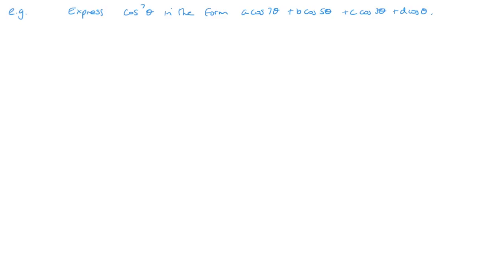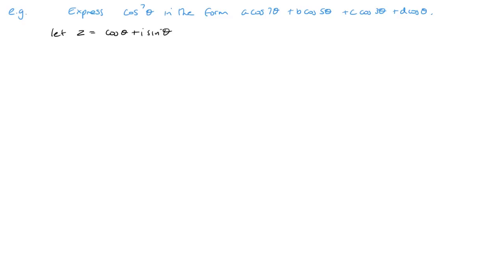So here I've got cos theta to the power 7, and I'm going to express that in the form of a cos 7 theta plus b cos 5 theta plus c cos 3 theta plus d cos theta. So first of all, let z equal cos theta plus i sine theta.